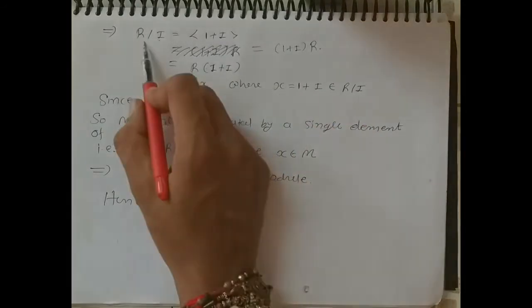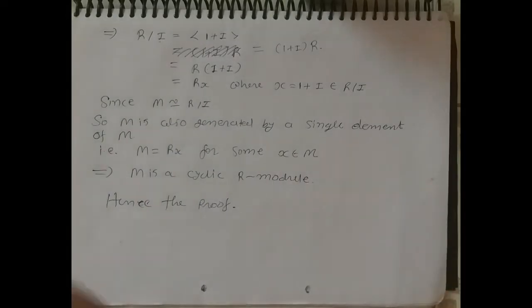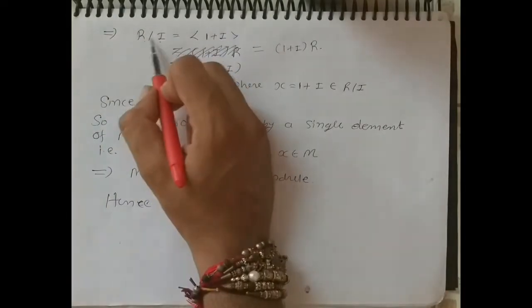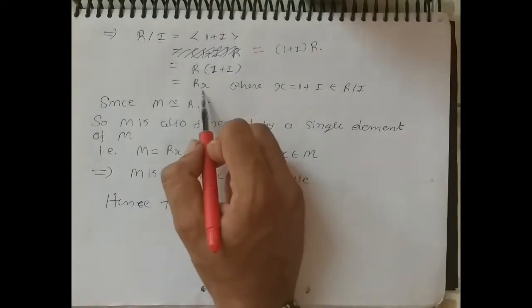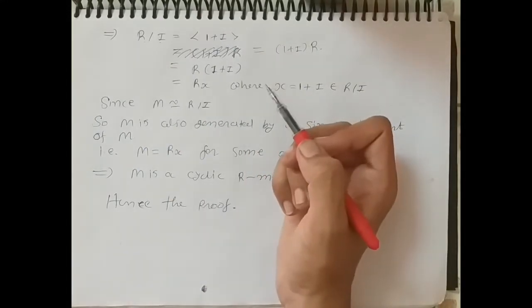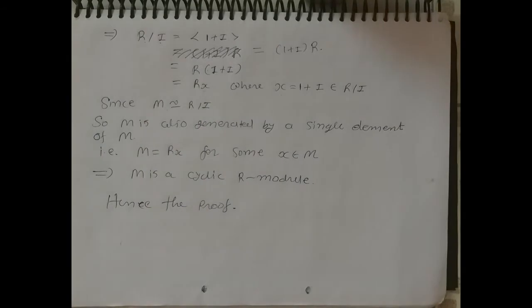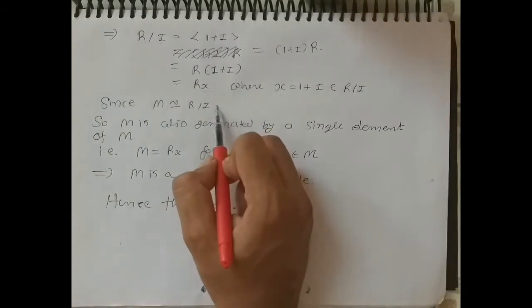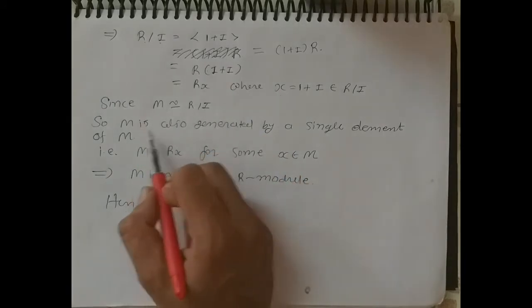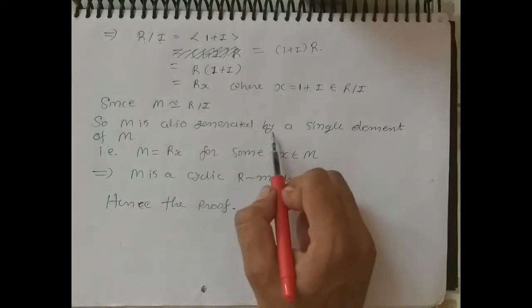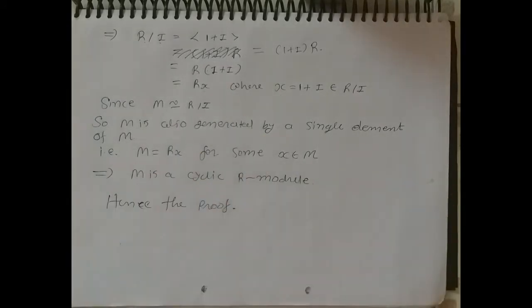So we get R quotient I is equal to Rx. That means R quotient I is generated by single element x. Okay, but M is isomorphic to R quotient I, and R quotient I is generated by a single element x. So M must be generated by a single element of M.